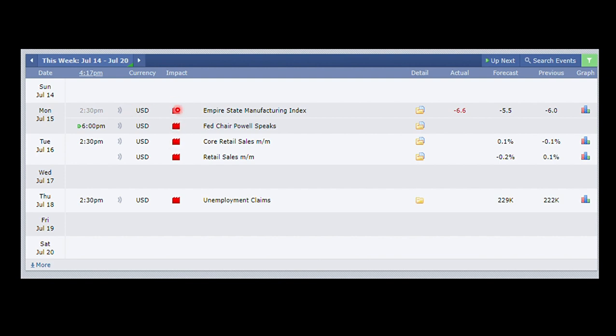For USD, the Empire State Manufacturing Index was being released. So the figures came out. The previous was -6. Then the forecast was -5.5, but the actual was -6.6. So it came out negative. So this is an example of what an economic calendar is.